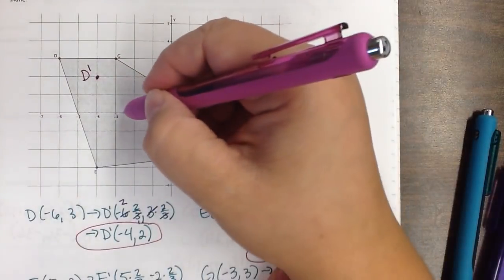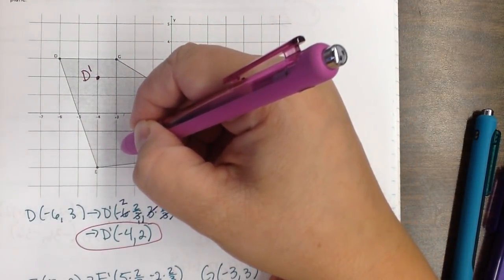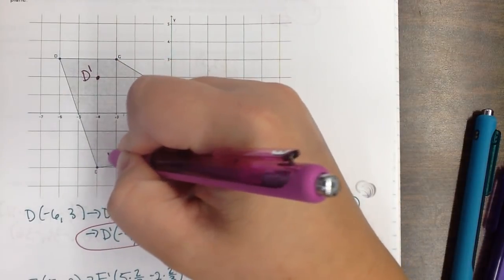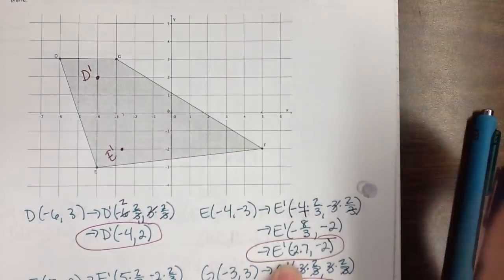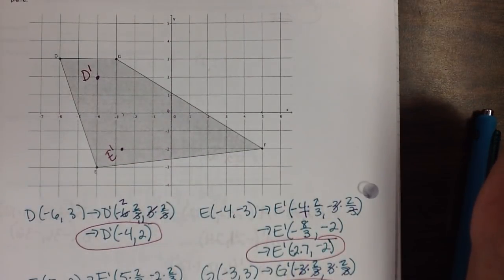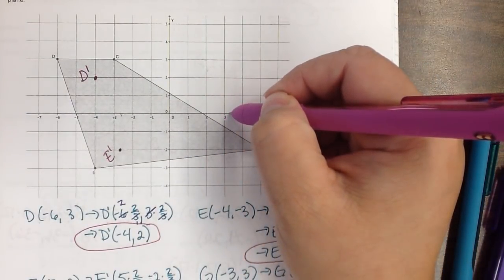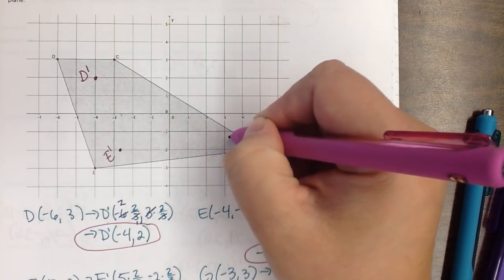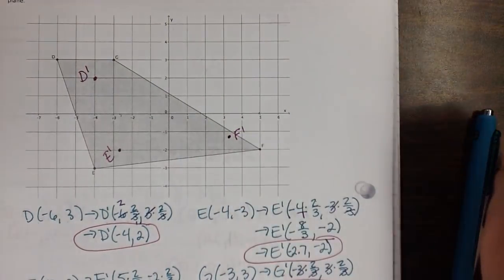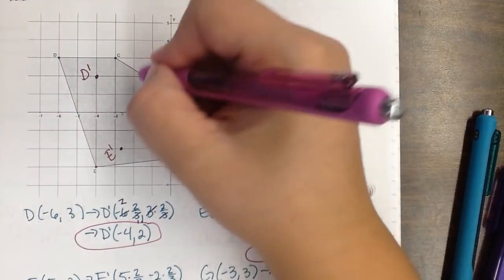At negative 2.7, negative 2 is E prime. And you're going to have to do a little bit of guesswork in there, and that's okay. As long as it's about in the same location, you should be good. F prime is at 3 1/3 and negative 1 1/3. And G prime is at negative 2, 2.